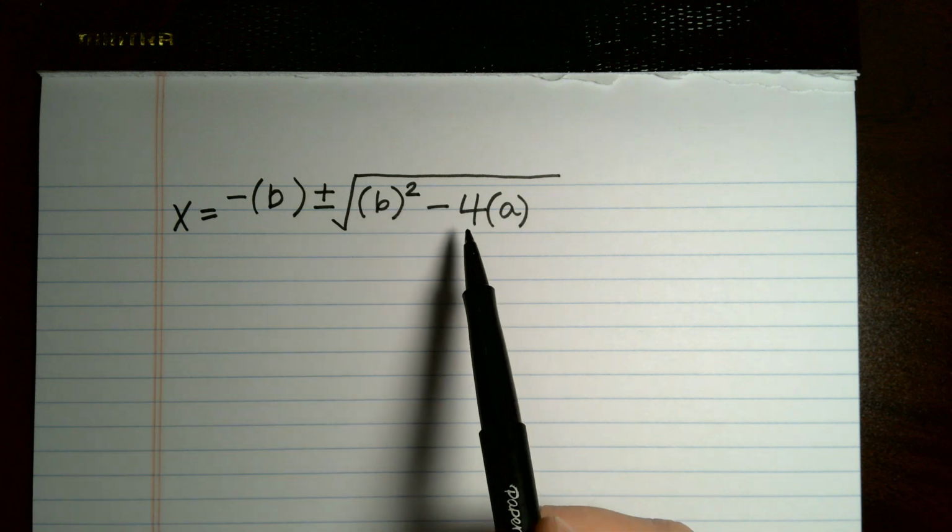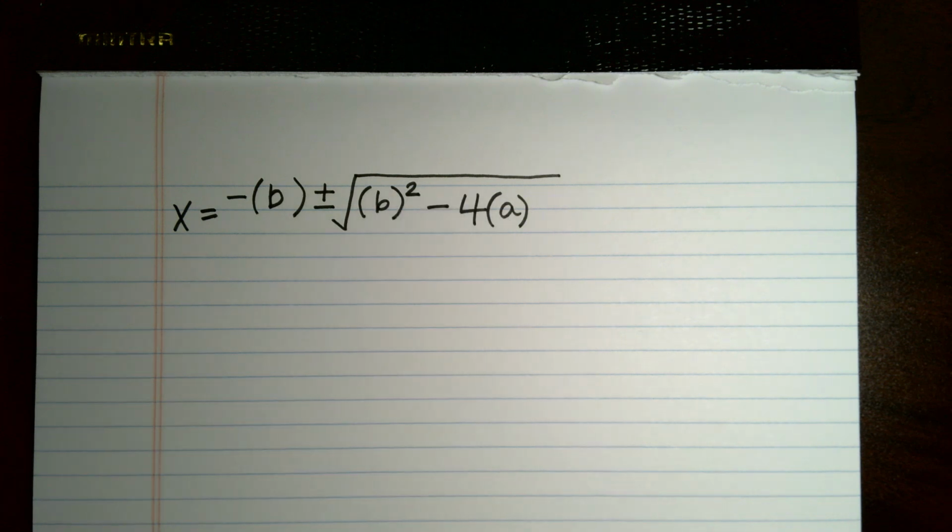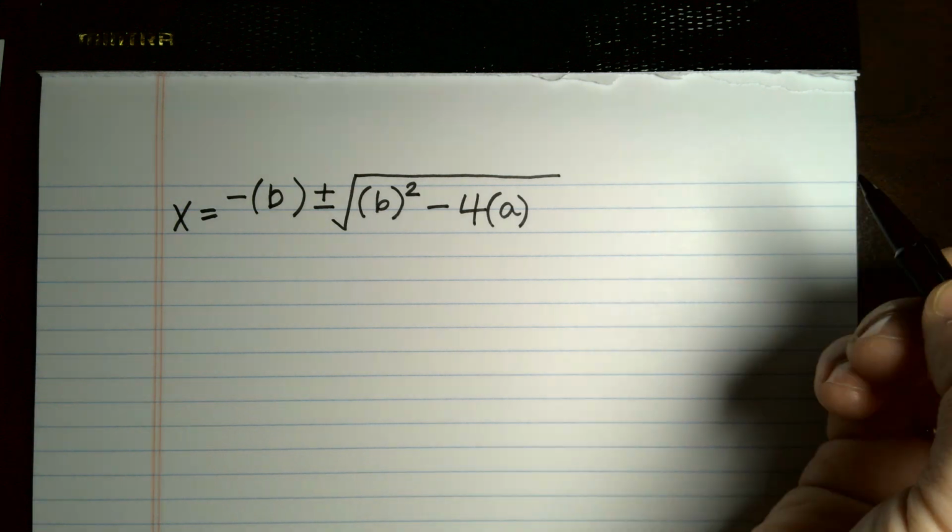So the -4, that is always going to be part of your problem. The 2a is always part of your problem. It will never change. It's just there. Kind of cool. It's nice that it doesn't change. It would make it really complicated if it did. It's already complicated enough.